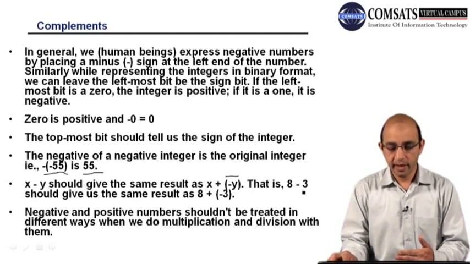So 8 minus 3 should give the same result as 8 plus, in brackets, minus 3. Here again we have taken the complement of minus 3, and the sign is absorbed by that complement, and then we add 8 and the complement of minus 3, and we get the same result. So this is also one of the requirements.